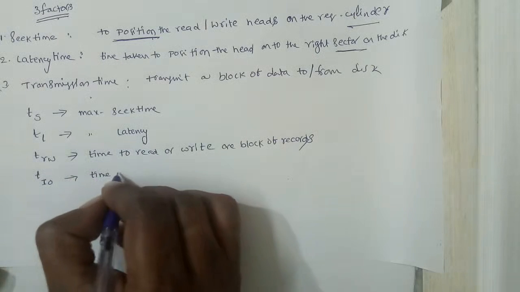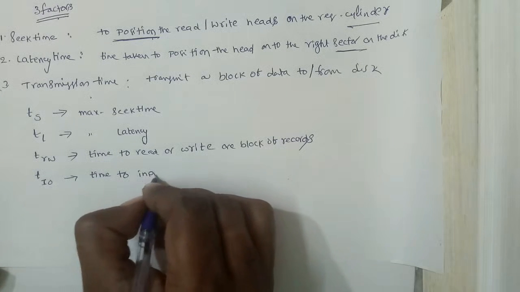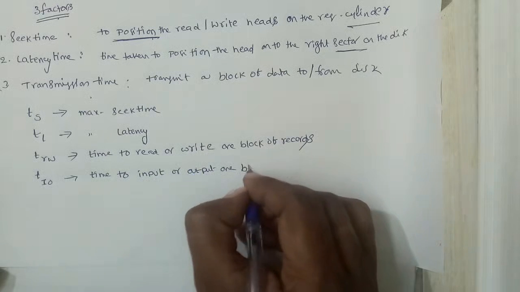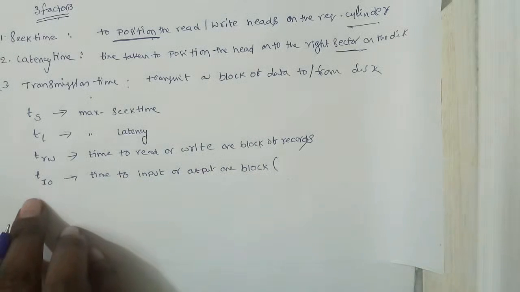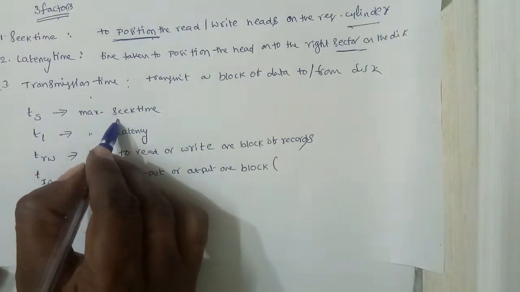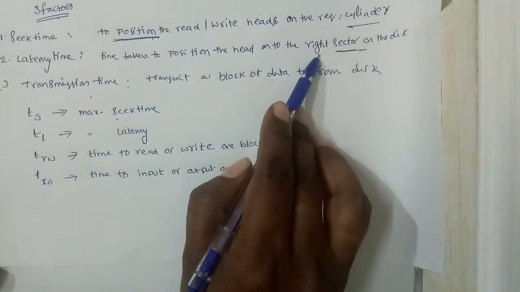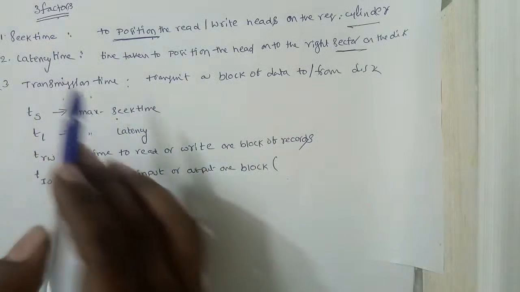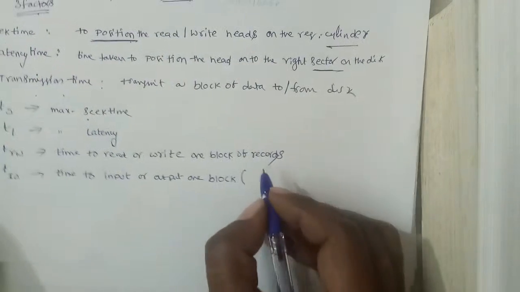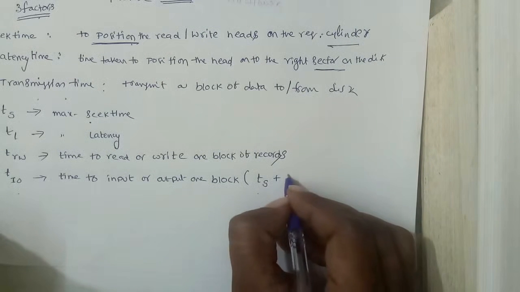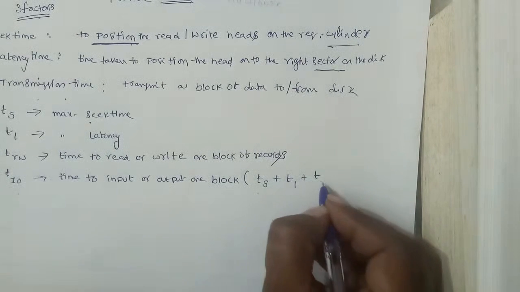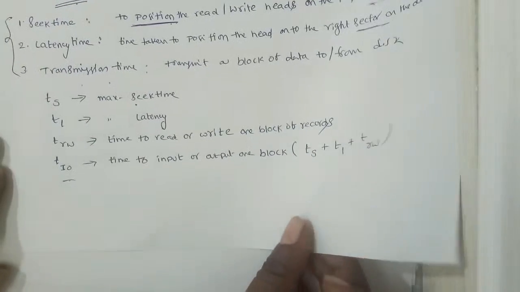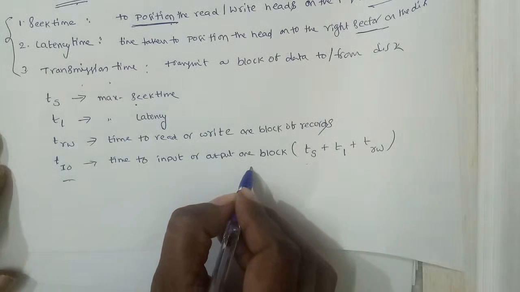It is the time to input or output one block. TIO is the identification of the cylinder, the identification of the sector, and then performing the read operation. That is the sum of all three times. That means TIO is simply TS plus TL plus TRW. That is the time for input and output, the time to read one block of data.